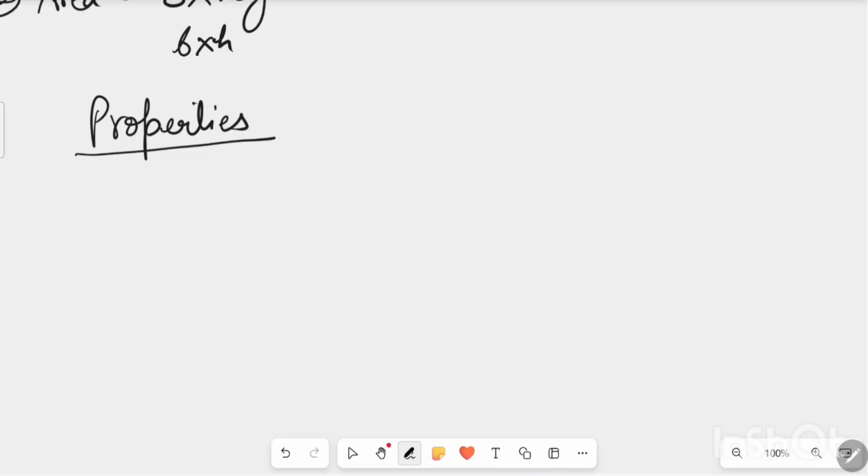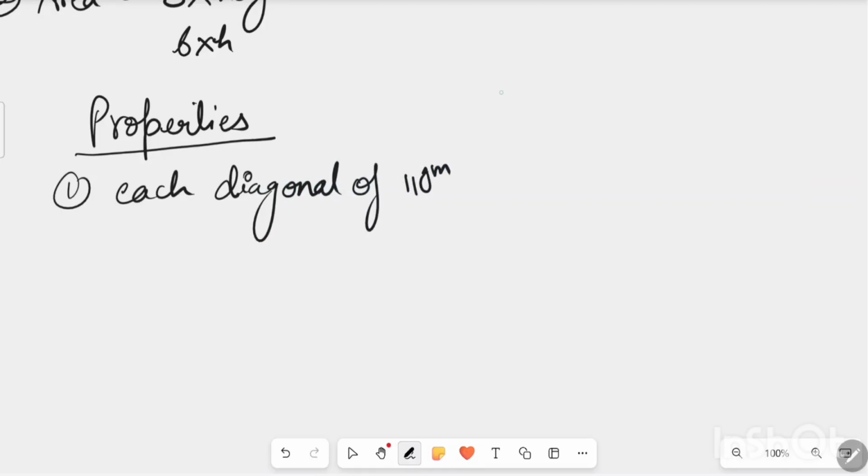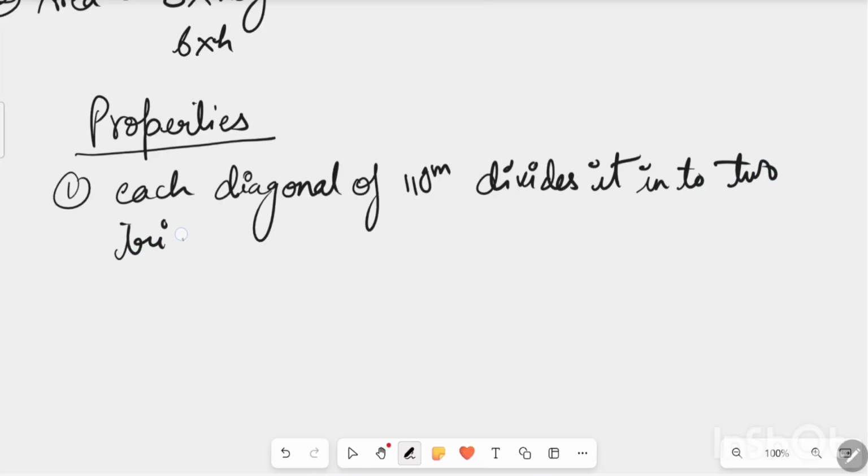Each diagonal of a parallelogram divides it into two triangles of equal area.